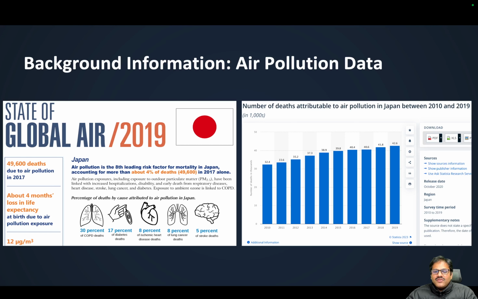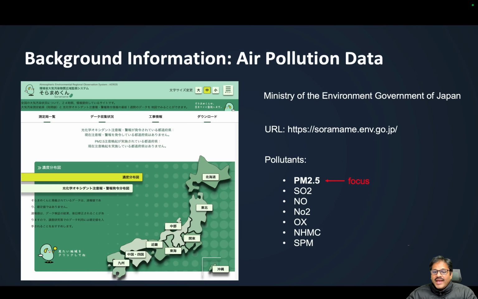Japan is facing severe problems with air pollution. Every year, thousands of people are dying due to bad air. To improve the air quality in Japan, the Ministry of Environment has set up a system, particularly a sensor network, to monitor air pollution throughout Japan.